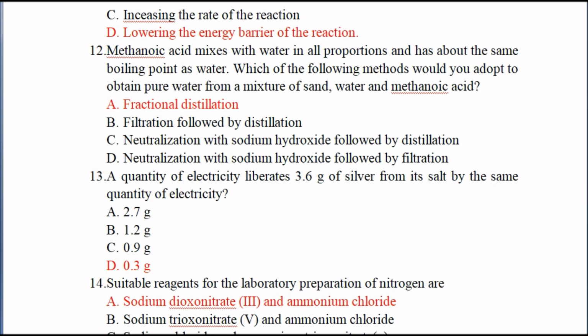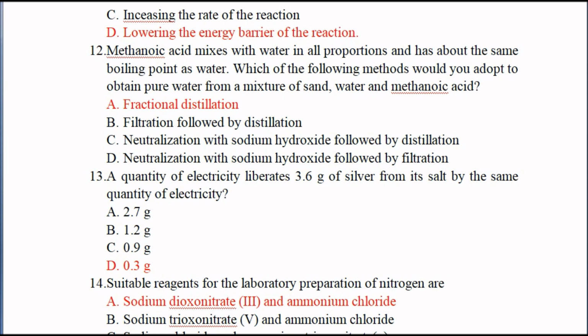Number 12. Methanoic acid mixes with water in all proportions and has about the same boiling point as water. Which of the following methods would you adopt to obtain pure water from a mixture of sand, water, and methanoic acid?